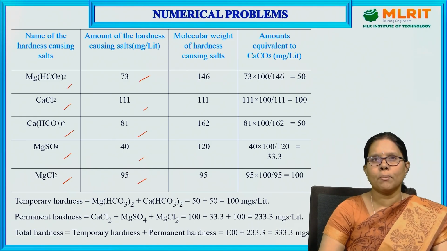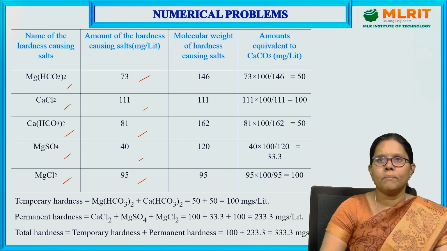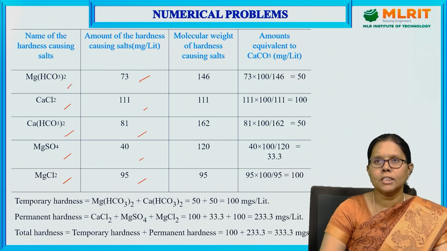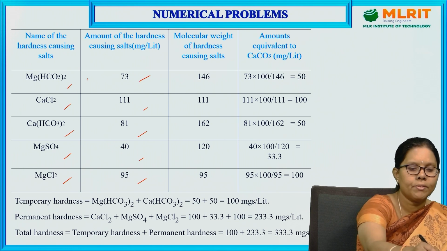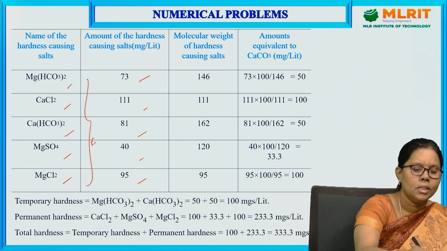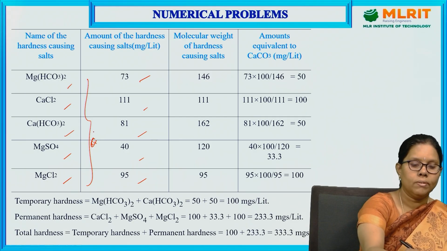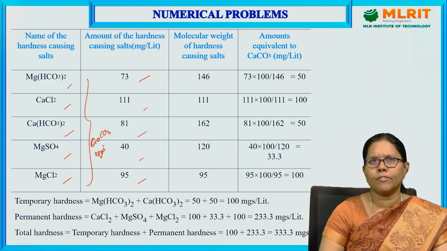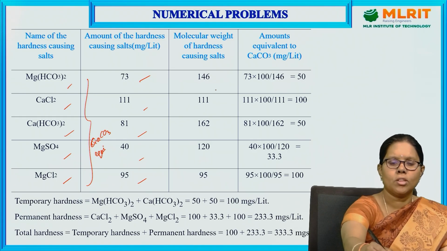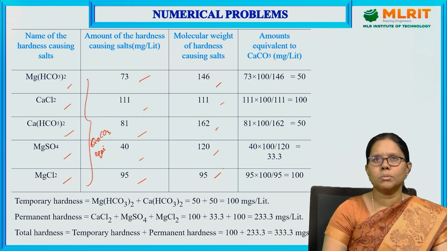So 73 milligrams of magnesium bicarbonate is present in 1 liter of water. All these salts should be converted in terms of CaCO3 equivalent, and we have the molecular weights of each.